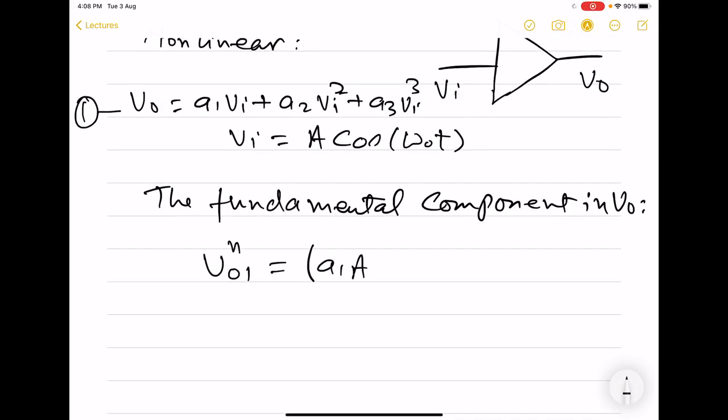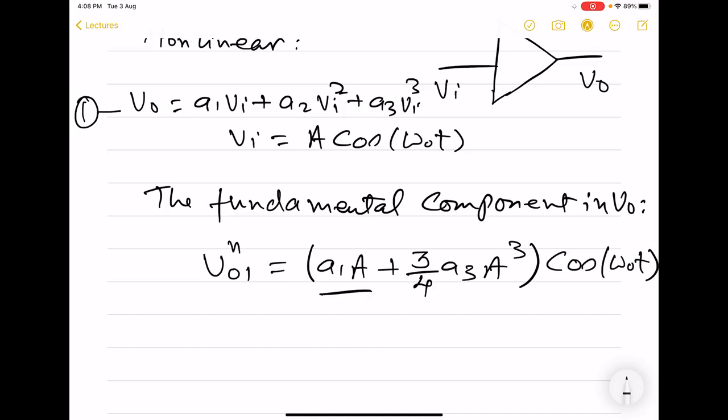This is what ideally we should get, but then there will be a component arising because of the cubic term. Recall that the second order term is not going to contribute any fundamental frequency at the output. So here is the contribution coming from this term, the ideal term, and this contribution is coming from the cubic term.